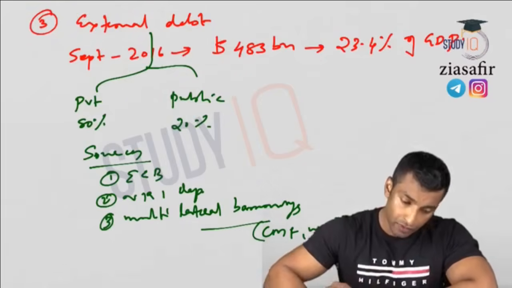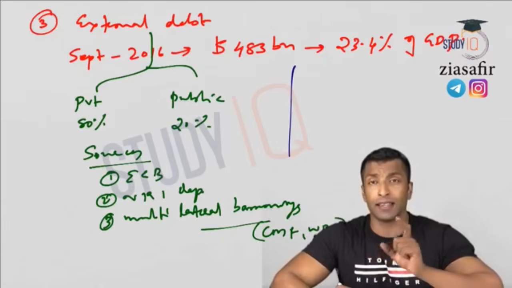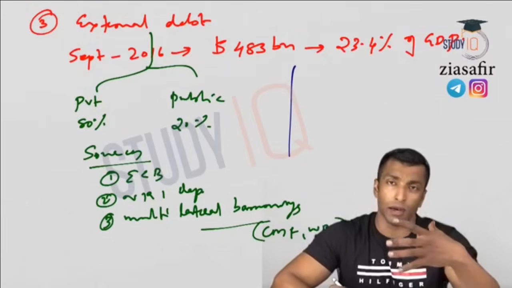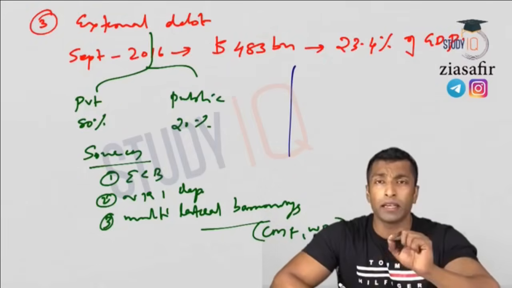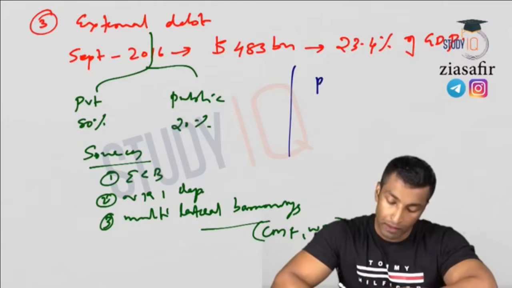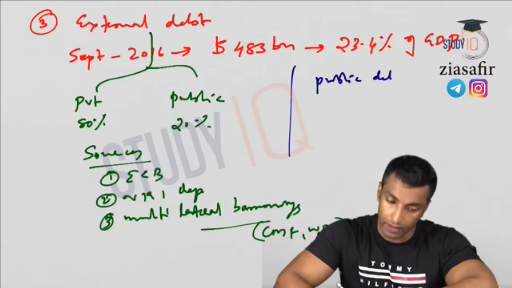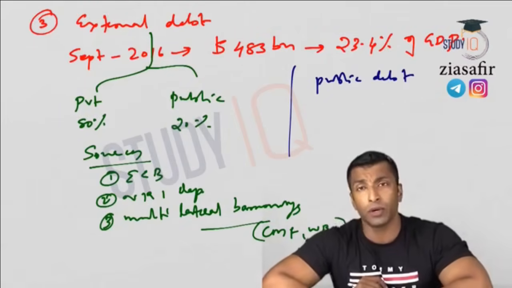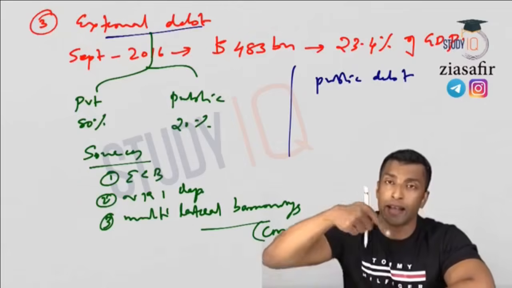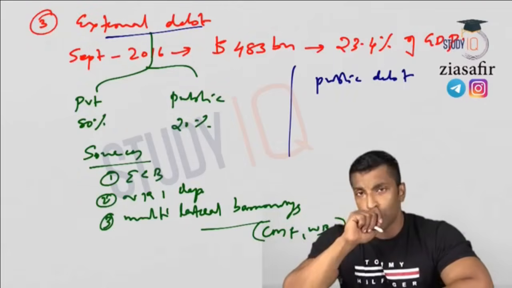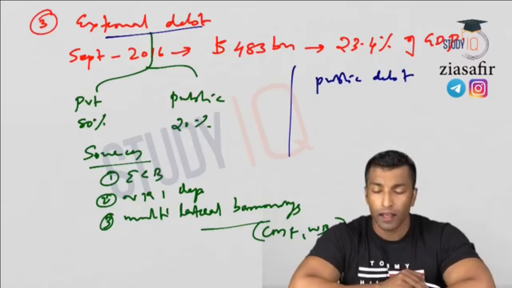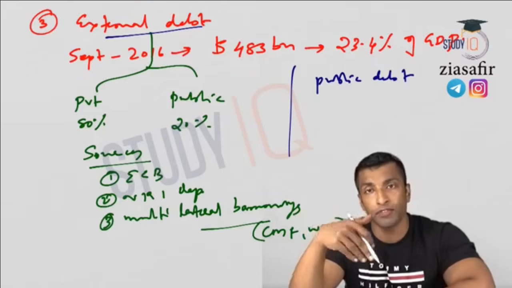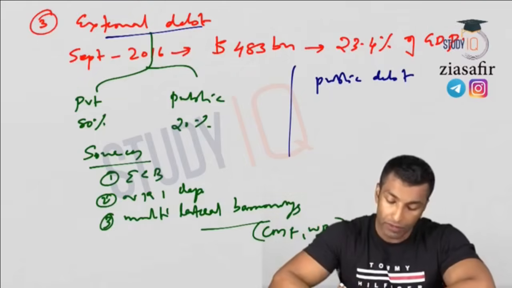And one interesting fact which I want to tell you: I'm just deviating and talking about public debt. Public debt means debt on government. And external debt is the debt on the entire country from outside, okay? So which one will be more?